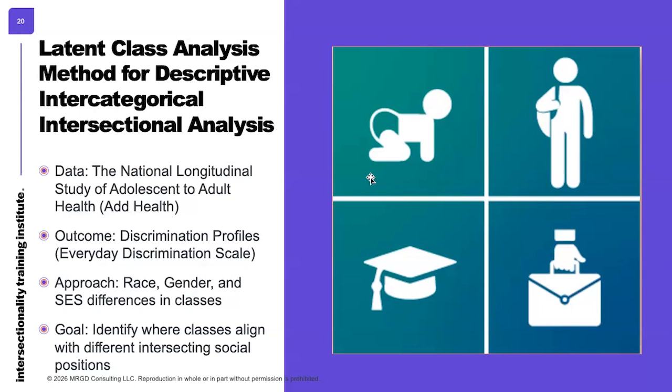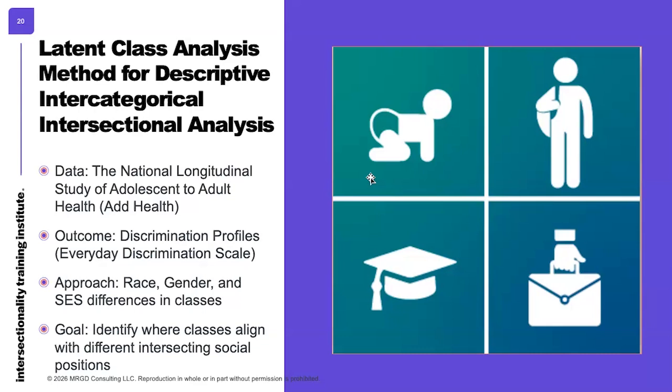And then the outcome we're going to use is discrimination profiles. So we're going to use the EDS. The EDS was slightly modified in Add Health, but it largely maintains the questions of the scale. We are particularly using Wave 6. Add Health is a longitudinal study.